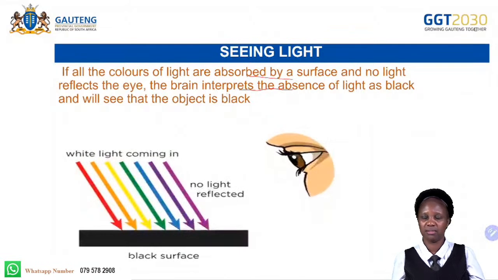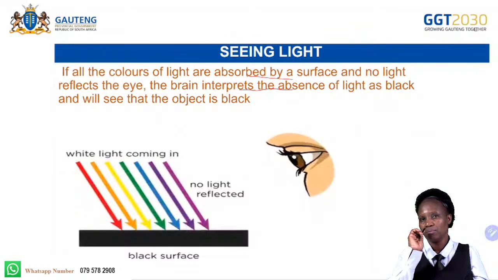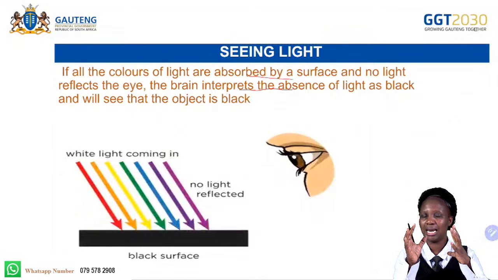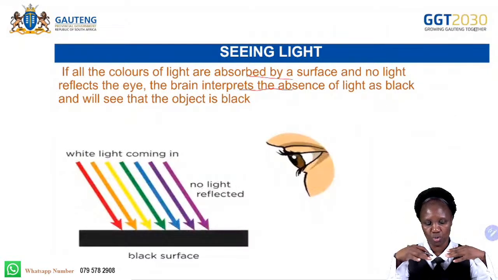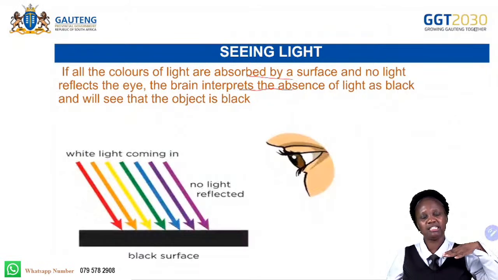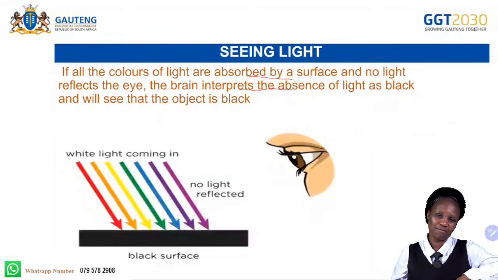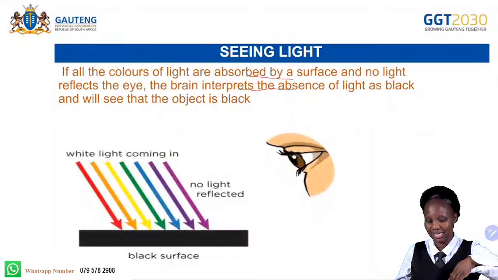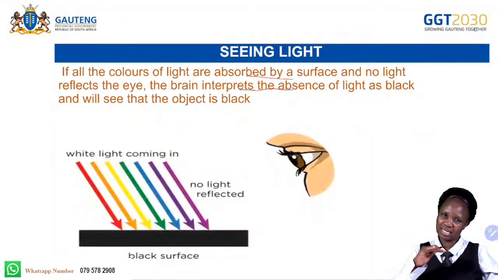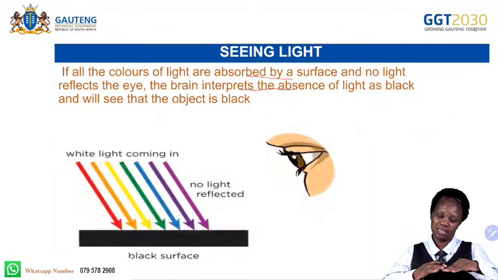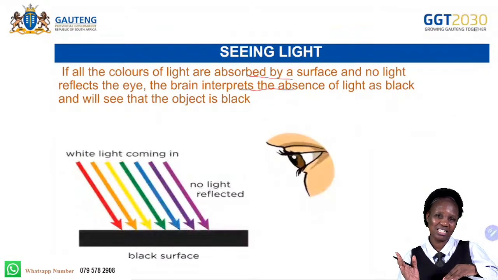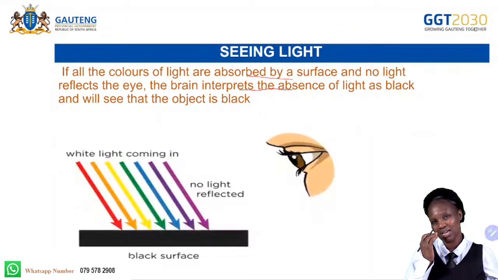White light. This is the colors of the rainbow. This is the visible spectrum when we're talking about white light. It is coming into a surface. This is the incident ray. It is the incoming ray. Then when it gets into a surface, we've got a reflective ray, the one that will enter our eyes.